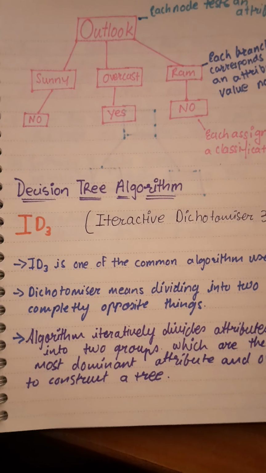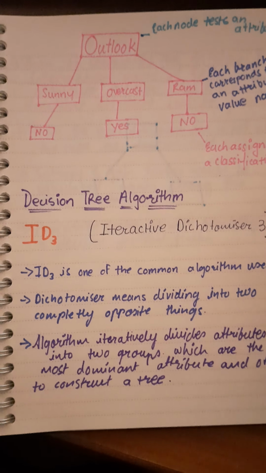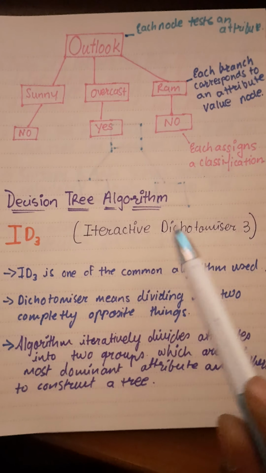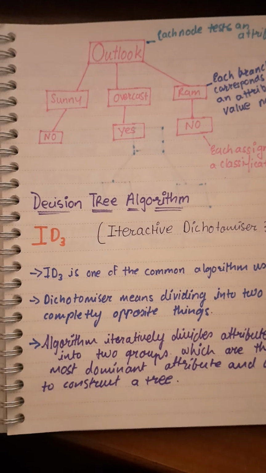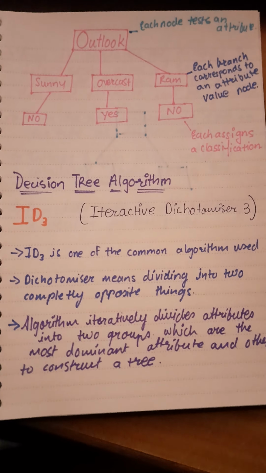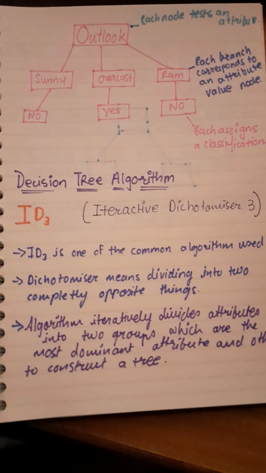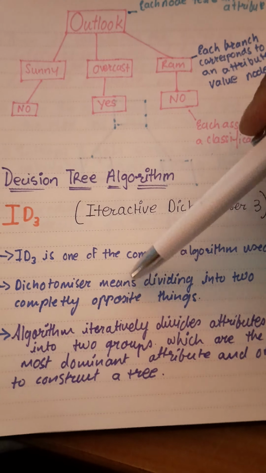There are many decision tree algorithms, but we'll take the most commonly used algorithm, which is ID3, Iterative Dichotomizer 3. So just let's go on. As we know, ID3 is one of the most common algorithms used in decision trees. And we go on to the next point.